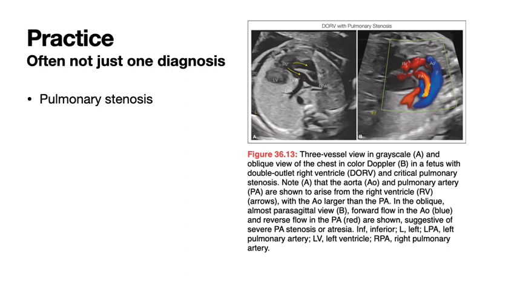Now, as you know, very rarely do these diagnoses come all by themselves. They're frequently associated with other things. So what's associated with a double outlet right ventricle? Well, one is pulmonary stenosis.